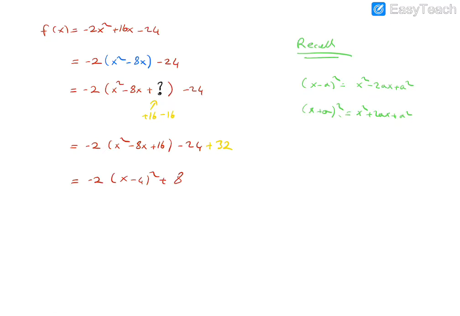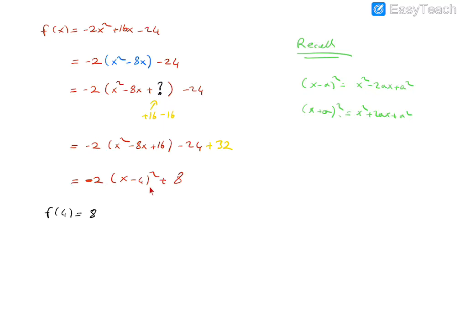From the vertex form, easily you can guess the maximum or minimum value of f of x, okay? How? If x equals 4, this is 0. So we obtain this term equals 0. And f of 4 is 8. Okay? For any other values of x, this term is negative because of this minus 2 factor.